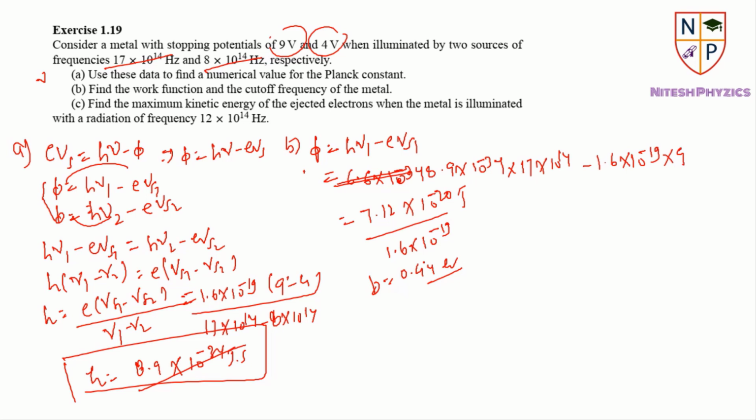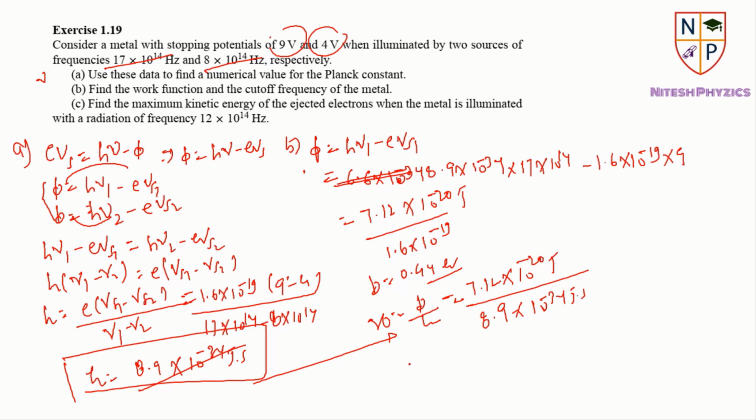Now we have to calculate the value of the cutoff frequency. So the cutoff frequency nu naught will be phi by h. Around 7.12 into 10 to the power minus 20 joule upon the value of h, which is 8.9 into 10 to the power minus 34 joule second.